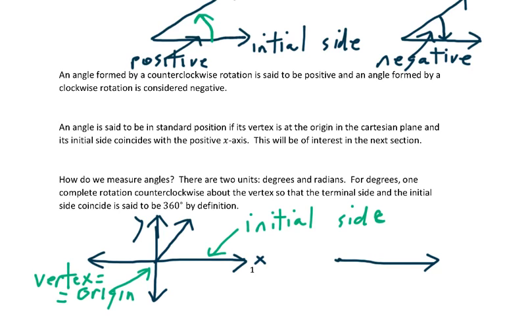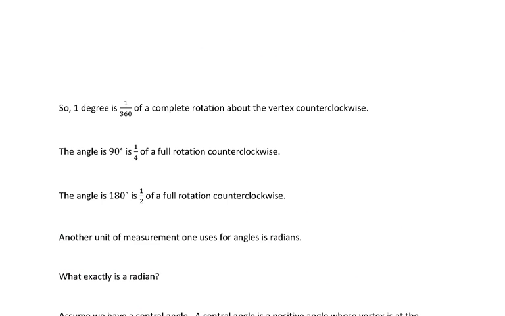If I were to do a complete counterclockwise rotation about the vertex, so the terminal and initial side are on top of each other, then by definition, this angle is 360 degrees. So 1 degree would be 1 over 360th of this rotation. Now, is that helpful for us? Well, at the time, no. But really, we can think of degrees that way.